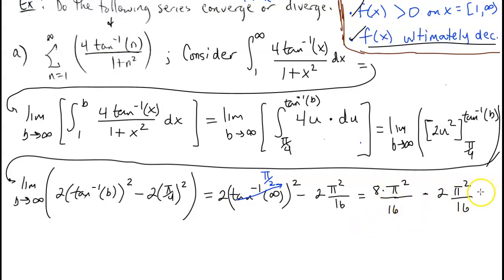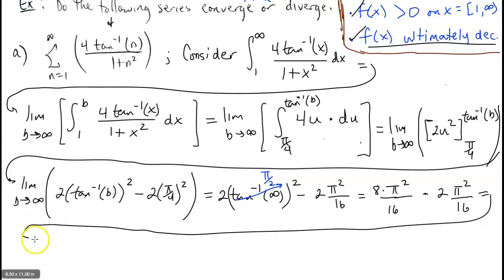And from here, this will just end up being 6 pi squared over 16. And of course, we can just simplify from here. We know that 6 and 16 both have a common factor of 2. So 2 goes into 6 3 times, and 2 goes into 16 8 times. And so this would be our final answer for that.